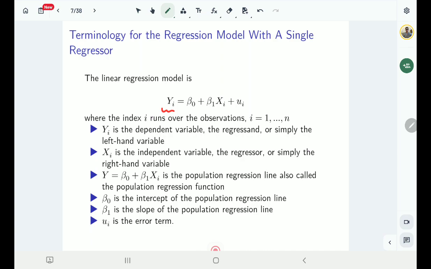On the right side, we have beta 0 intercept parameter, beta 1 slope parameter, x_i is called regressor or right-hand side variable, and u_i is the error term. And by the way, y has several names: dependent variable, regressand, or simply the left-hand side variable. x_i is called independent variable, regressor, or simply the right-hand side variable. Okay, we have talked about these things. Let's move on.